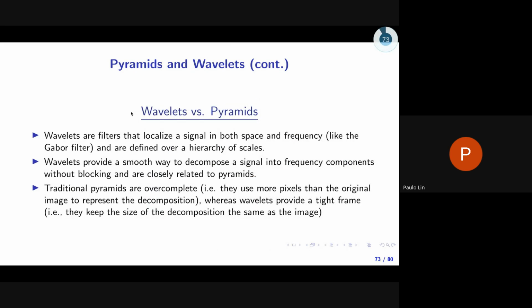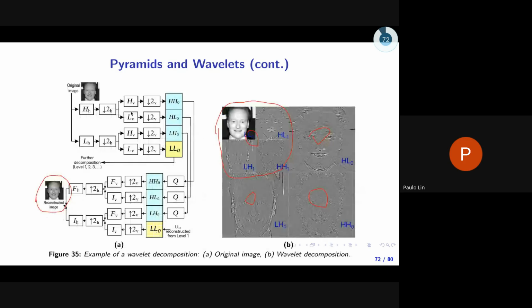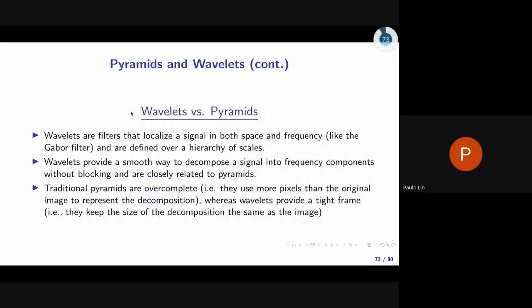And wavelets provide a smooth way of decomposing a signal into frequency components without blocking, and are closely related to pyramids. When I said without blocking, I mean that after we perform reconstruction, there are no blocking artifacts in the resulting image. That is a property of wavelet reconstruction.